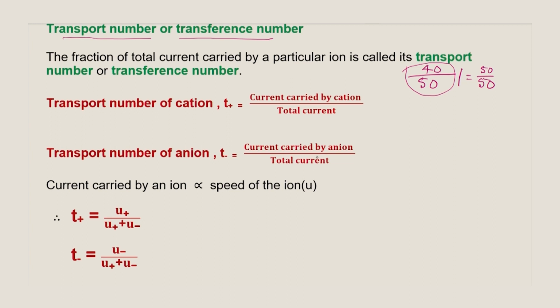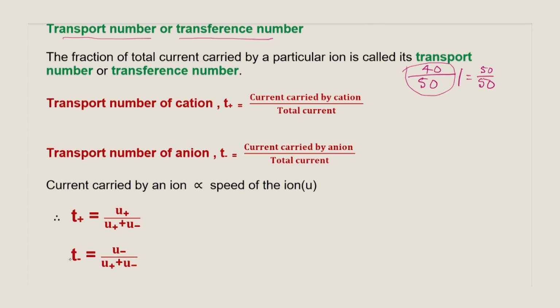Now, we all know that the current carried by a certain ion is directly proportional to its velocity, and therefore, we can put it as T plus, that is the transport number of the cation, is equal to U plus, that is the speed of the cation, divided by speed of cation plus speed of anion.